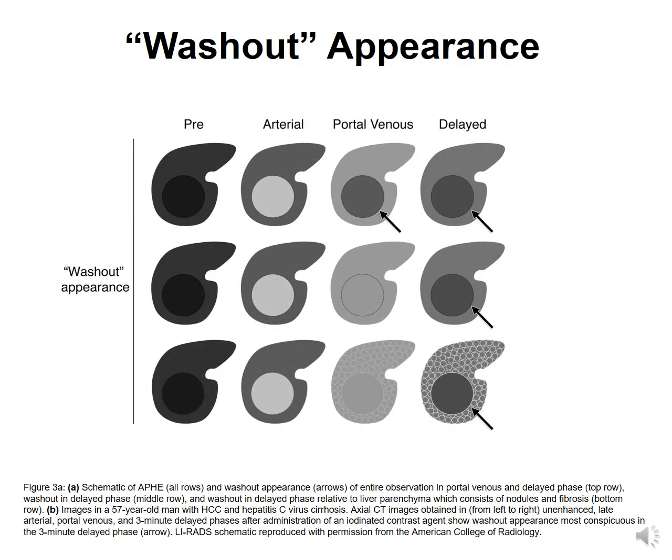Now the next feature is the washout appearance. Notice that the washout is in quotes, and that's because LI-RADS advocates the terms washout appearance or washout with quotes over washout without quotes, because it's a subjective perception which may be an optical illusion rather than representing a true washout.